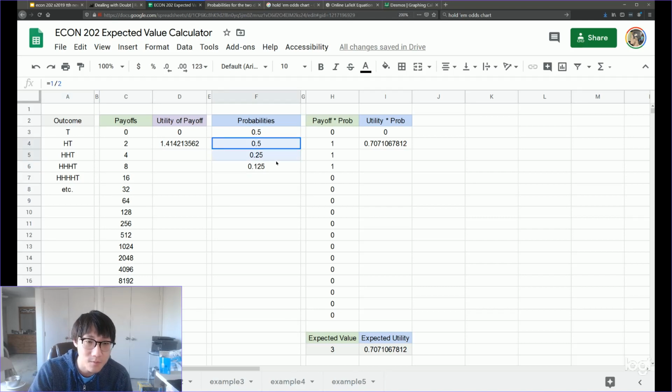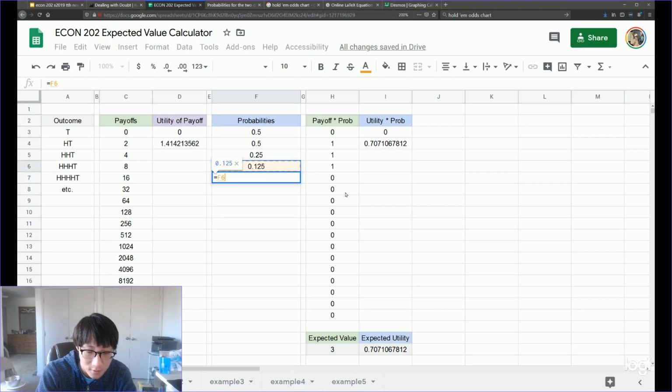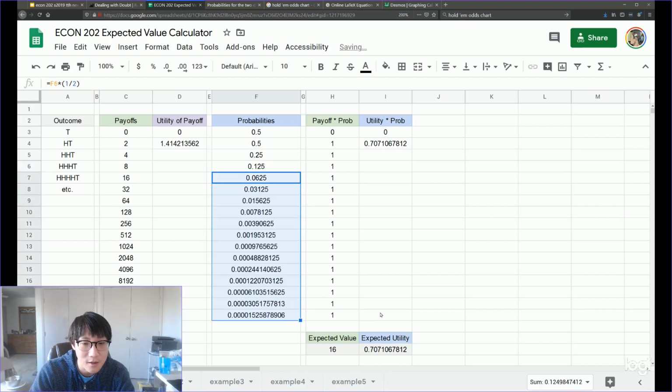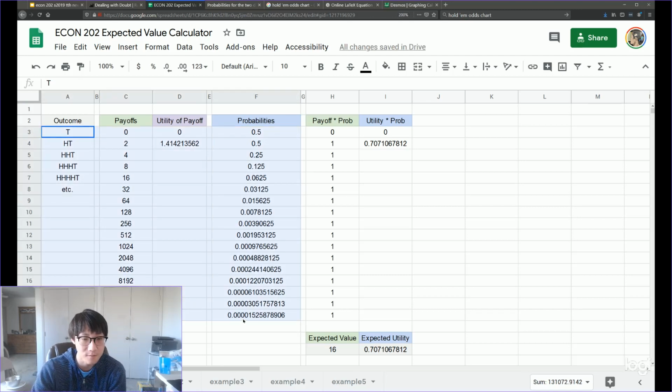So basically, this probability, every time we're going to be multiplying this by 1/2. So I'm going to do this value times 1/2. Okay, and I'm going to basically extend that calculation for all of the different possible outcomes.